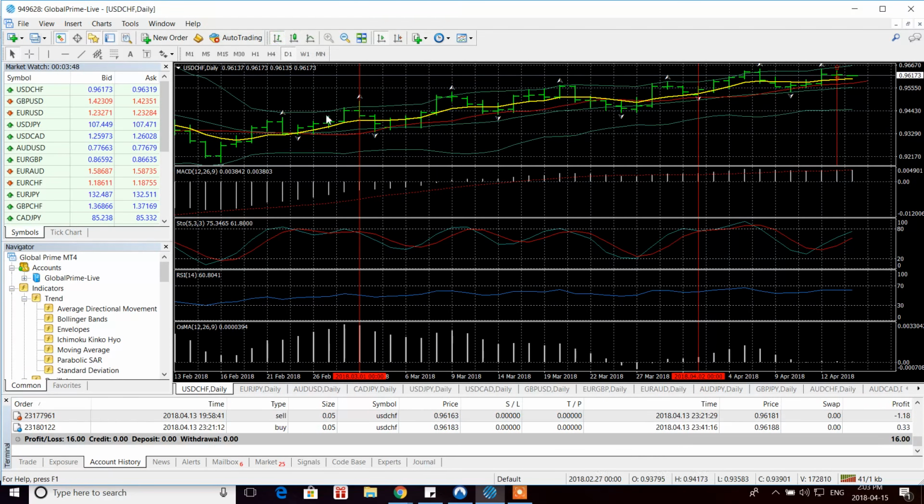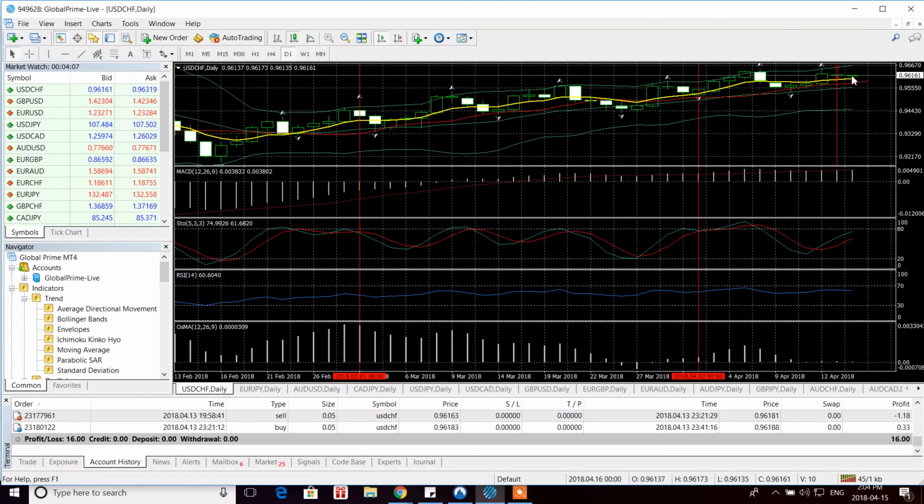Just press that button for candles. You might have to buy candles, it depends on your platform. The red has to be going up and they can't be crossing over. They've got to be parallel.